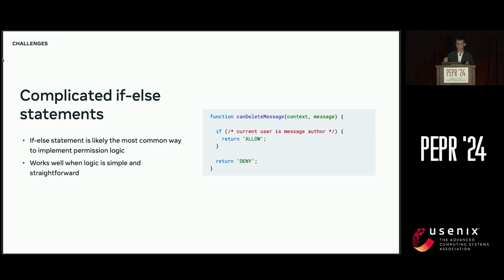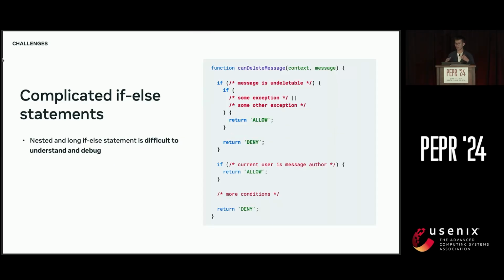It works perfectly well when the logic is simple. However, when the logic is more complicated, when the feature has more exceptions, such if-else statements become very difficult. You can see there are some nested statements.